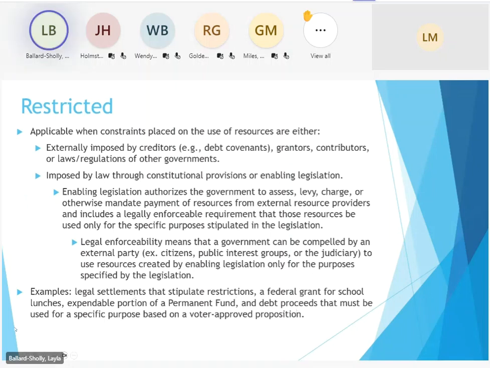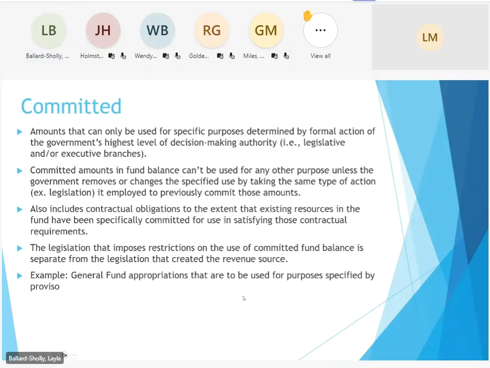And debt proceeds that must be used for a specific purpose based on voter-approved proposition. So like if you're voting for a bond to be issued, that would be an example of that.